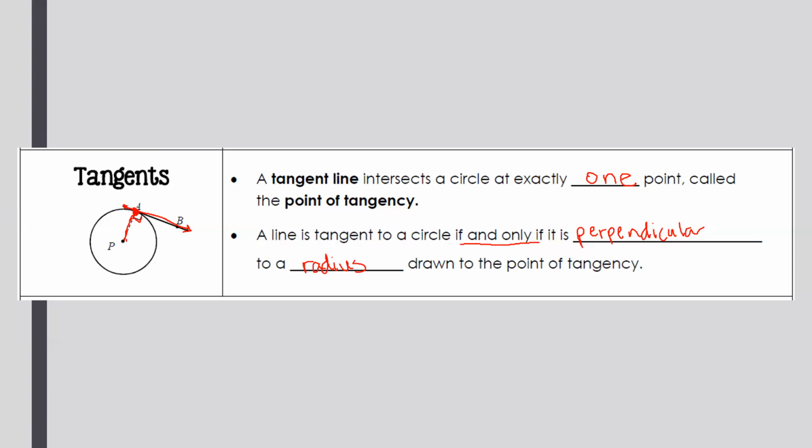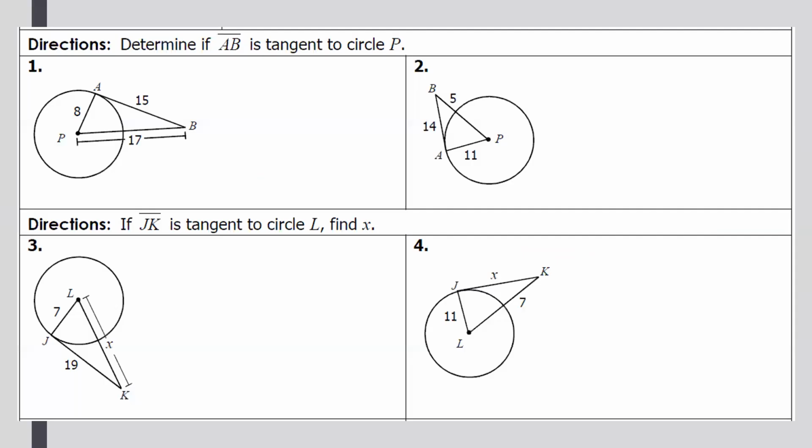So what does that have to do with any examples we might see? Well, our friend Pythagoras is going to come back to visit. So hopefully we like the Pythagorean theorem. Remember that Pythagorean theorem, c² equals a squared plus b squared, will help us determine whether or not it's a right triangle. If it's a right triangle, that means you have a right angle.